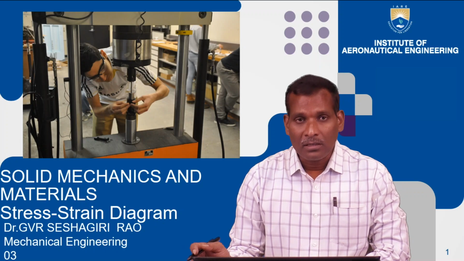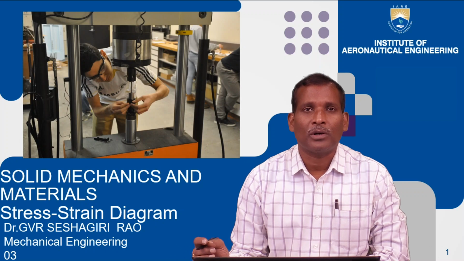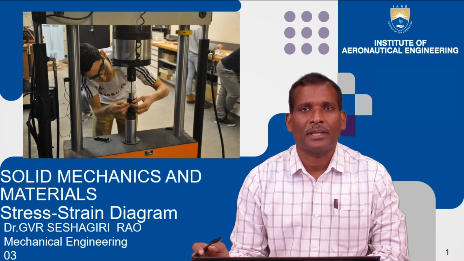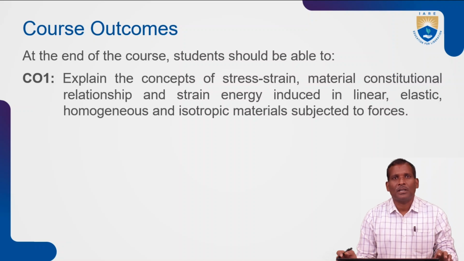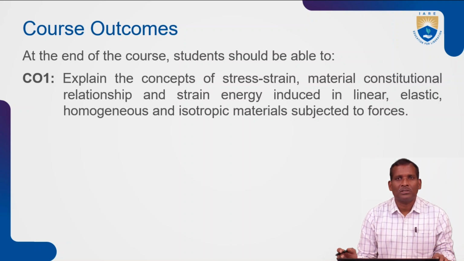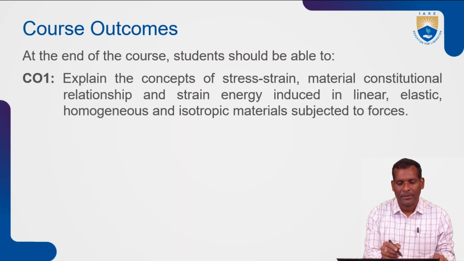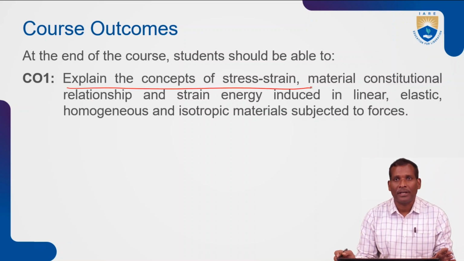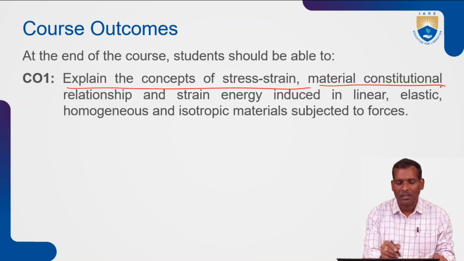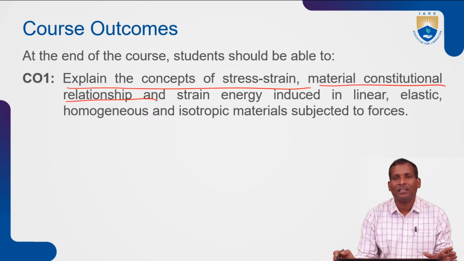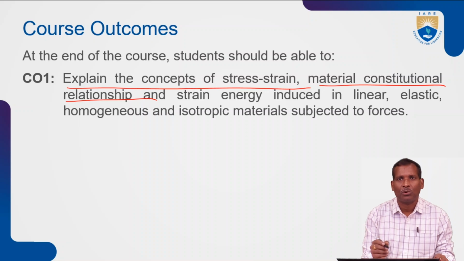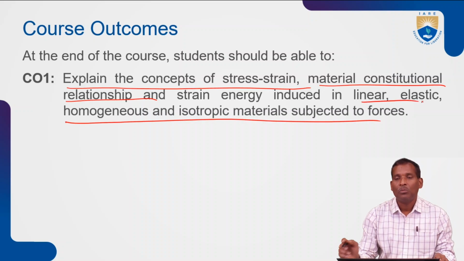In this session, we will see the importance of stress strain and the important points involved in this stress strain diagram. The course outcome is that at the end of the course, the students should be able to explain the concepts of stress strain, the material constitutive relationship, and strain energy induced in linear, elastic, homogeneous and isotropic materials subjected to forces.